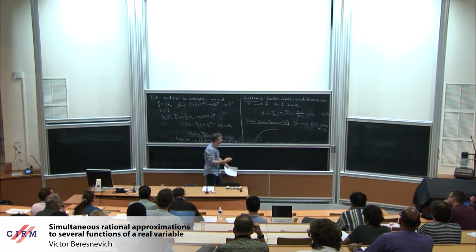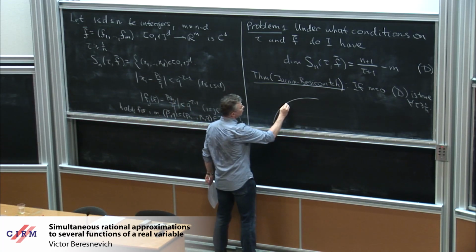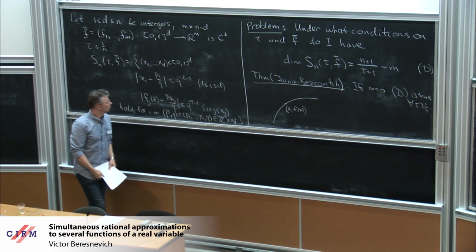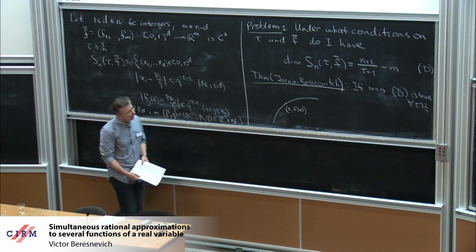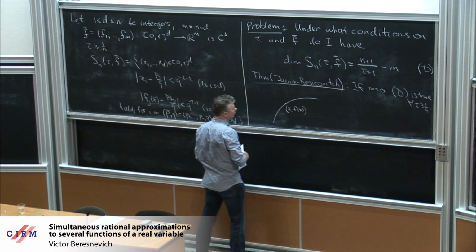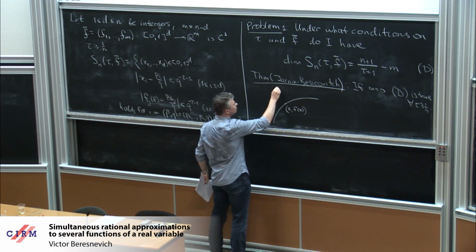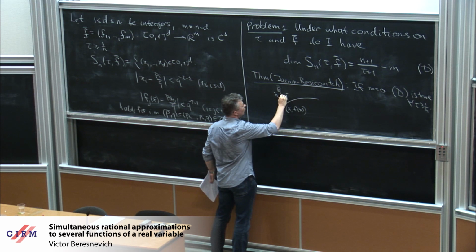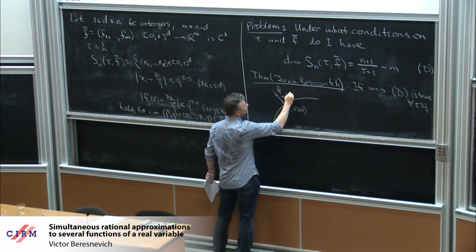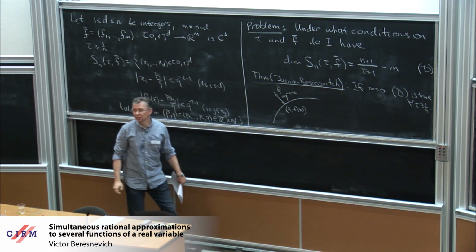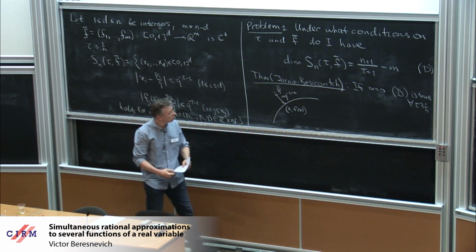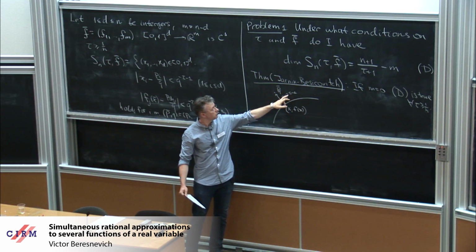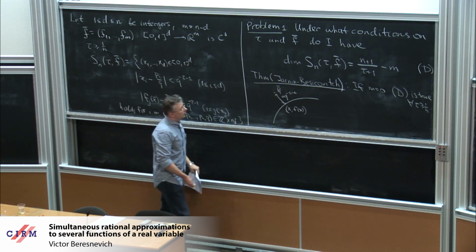So if I draw a picture in 2 dimensions, pick a point on this curve, (x, f(x)), these inequalities basically tell me that my rational point p over q lies at distance, up to some constant, well, depending on what you mean by distance, Euclidean or some other, q to the minus tau minus 1.